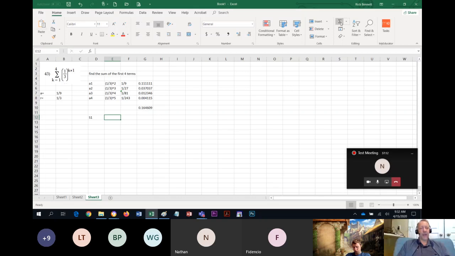But now that we have that, we can use a times 1 minus r to the nth power over 1 minus r. So a in this case is going to be 1/9.